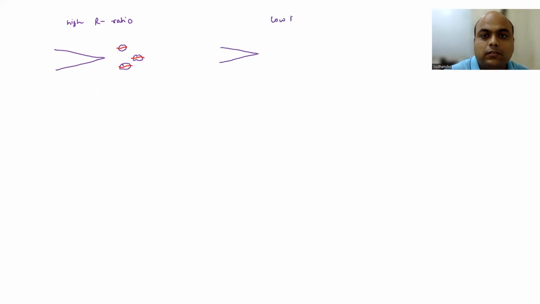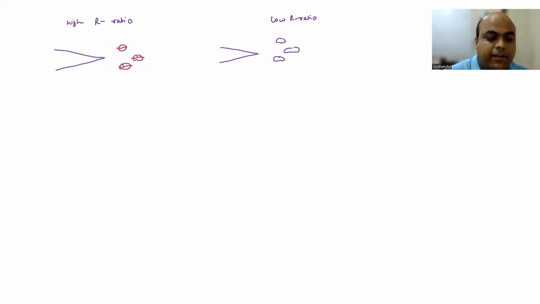Okay. So if you have a crack at high R ratio, you have particles. So these particles are going to get fractured. Okay. And at low R ratio, in front of the crack, you have, say, these particles.